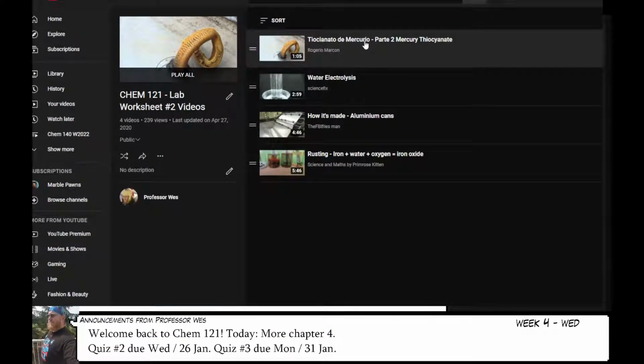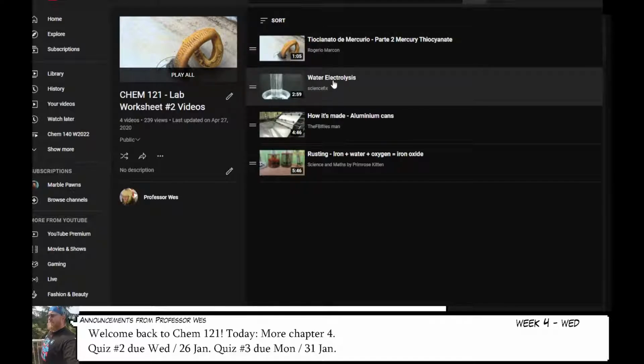this one is the combustion of mercury thiocyanate. And you can kind of see what's going on here. It looks a lot better in the video. I'm not going to play the videos because I don't want to spoil this for you. The second one is a water electrolysis video. Water is very, very stable, but under specific conditions, you can split it back into hydrogen and oxygen.